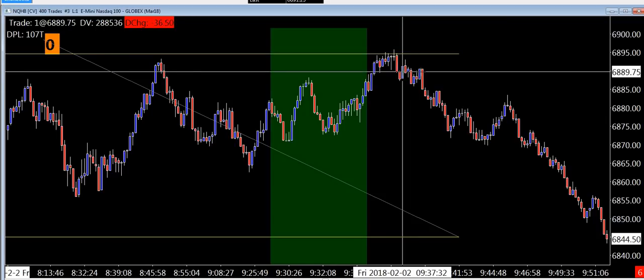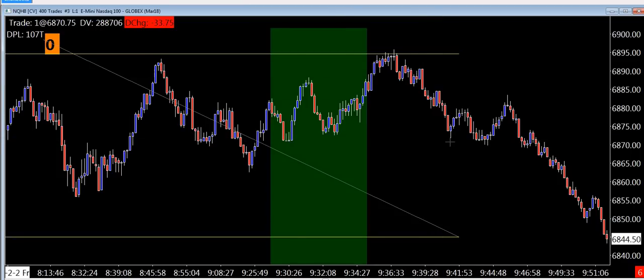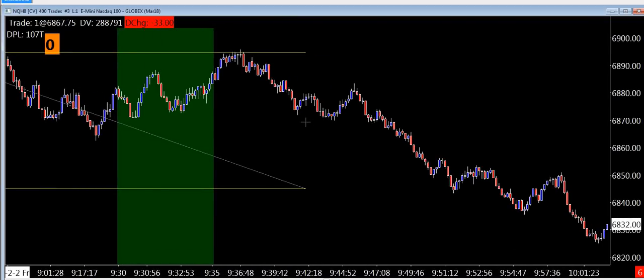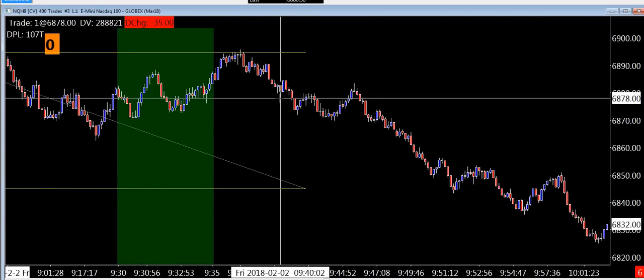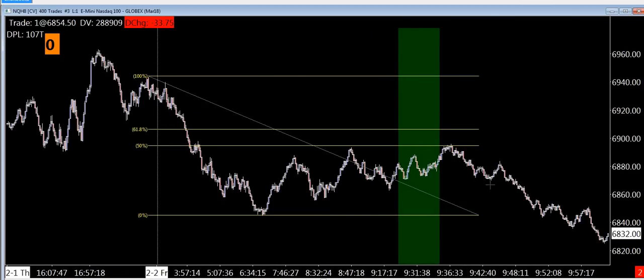You pull back right over here, and down she goes. One of these days I'm going to hold one of these trades. All right, a couple more and that'll be it.